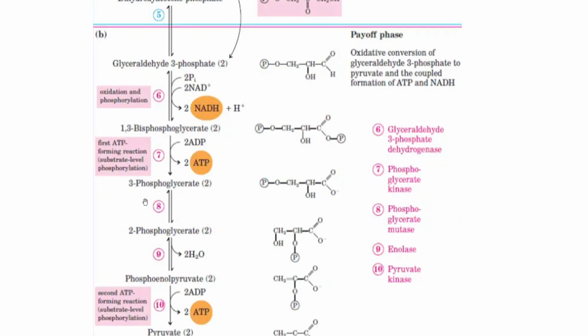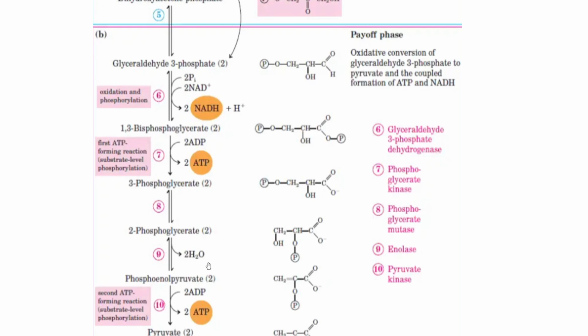Now, this 3-phosphoglycerate changes to 2-phosphoglycerate. It is kind of an isomerization. And 2-phosphoglycerate changes to phosphoenol pyruvate by releasing H2O, and phosphoenol pyruvate finally gets dephosphorylated, giving rise to ATP and pyruvic acid or pyruvate.